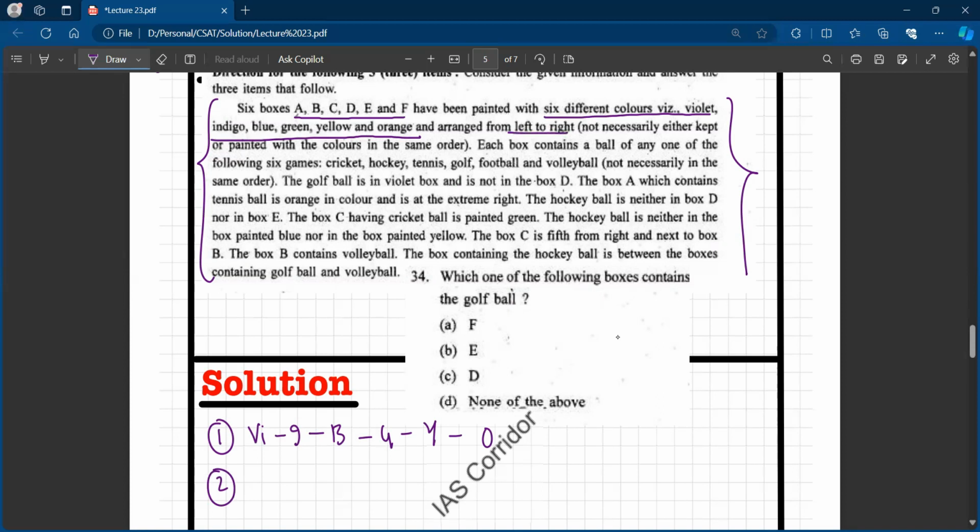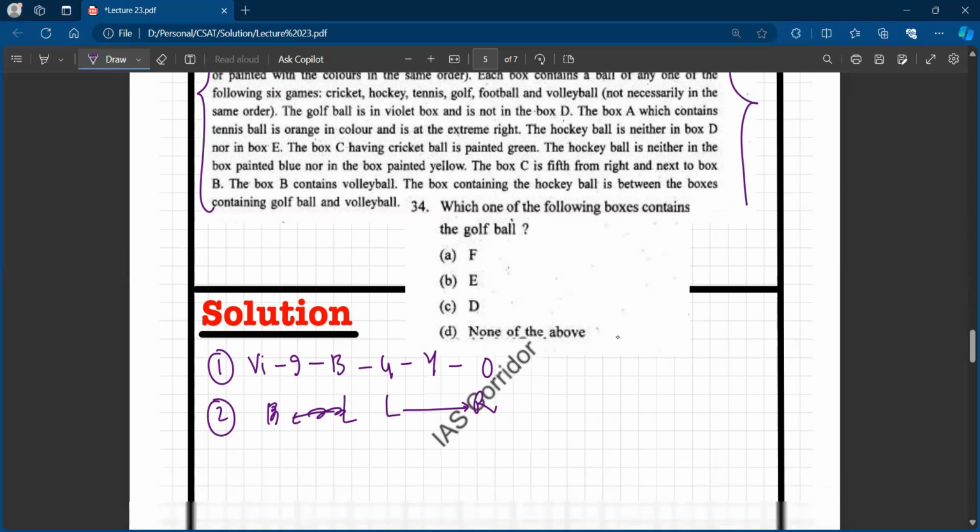They are arranged from left to right, not in that particular order and not in that particular color order also. Each box contains a ball of any one of the following. What are those? Cricket, hockey, tennis, golf, football, volleyball. So we have done till here.